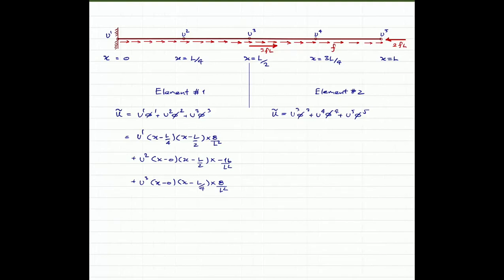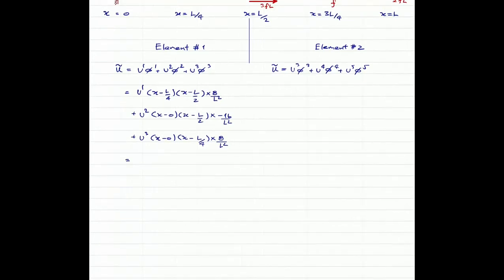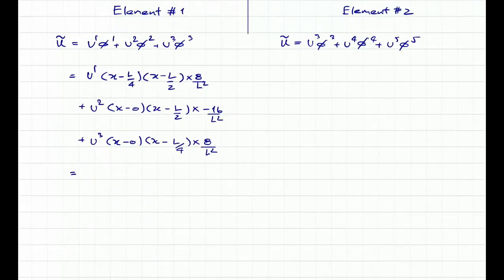Keep expanding it because we're going to need the derivative of this approximate displacement solution of u. So let me take out the 8u1 over L squared multiplied by x squared, minus L over 4 added with minus L over 2, you get minus 3/4 L x, plus L squared over 8.